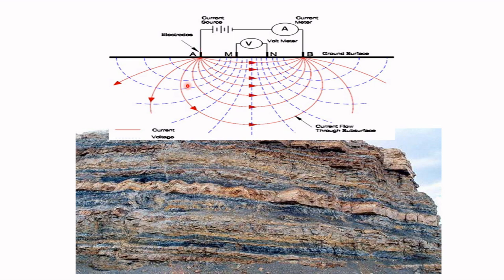So the current is going down and the potential difference is measured here, and we can also measure the resultant currents indirectly by measuring the associated magnetic fields. So there are two or three ways of finding the conductivity of a particular area. One is the resistivity method, the other is telluric currents also. We will discuss that in the next videos.